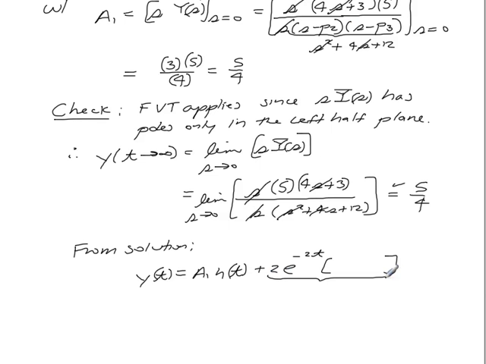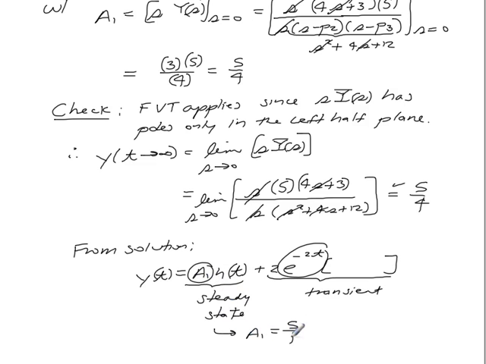This is a transient term. So that goes away. So we can see here the steady state value is equal to a1, which is 5/4, and that's exactly what we got there.